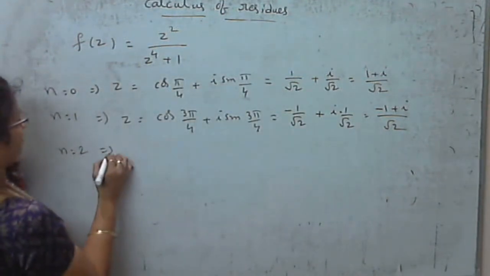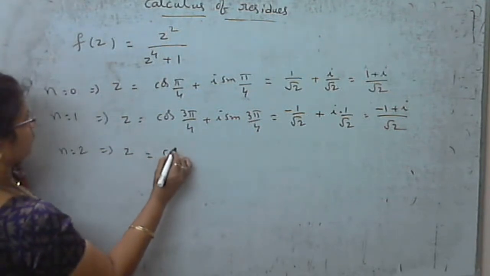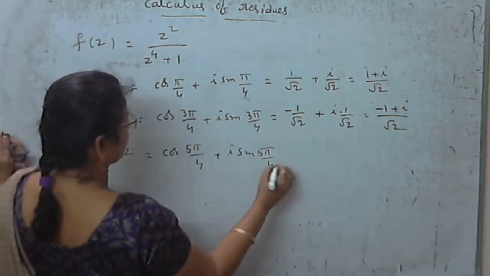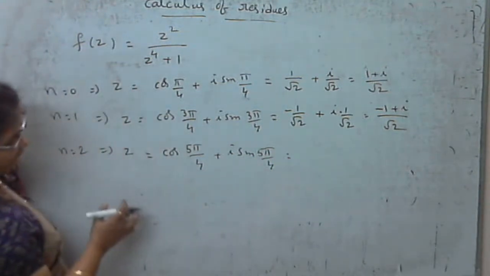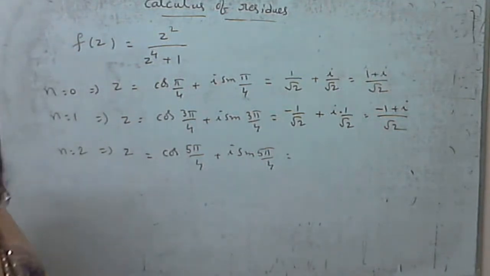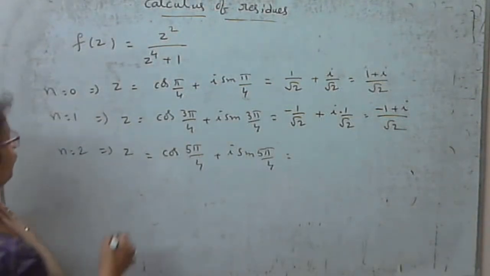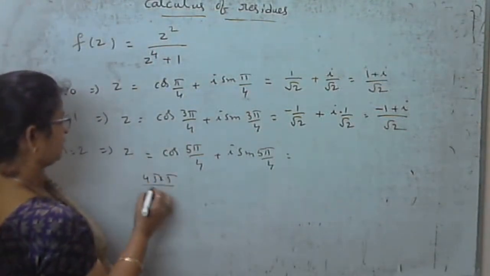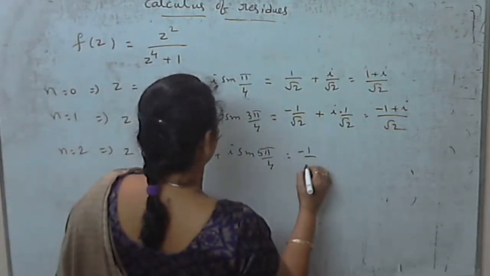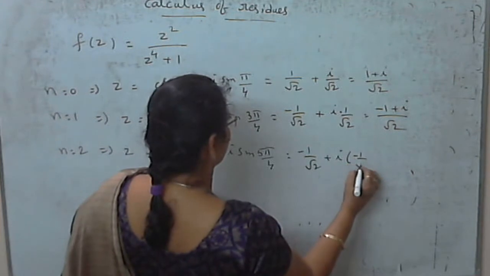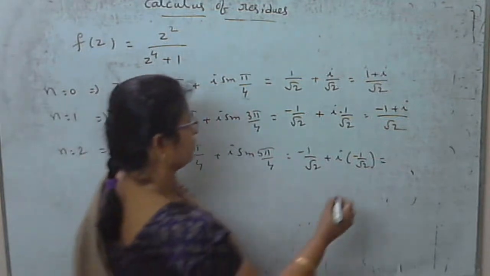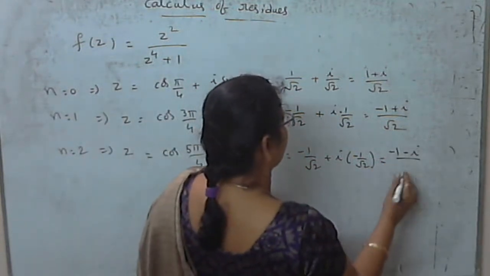n equal to 2 implies z equal to cos 5 pi by 4 plus i sin 5 pi by 4. 45 into 5 is 225. 225 lies in the third quadrant, where cos and sin both are negative, so minus 1 by root 2 plus i into minus 1 by root 2, that is minus 1 minus i by root 2.